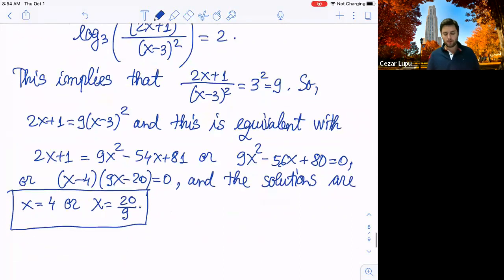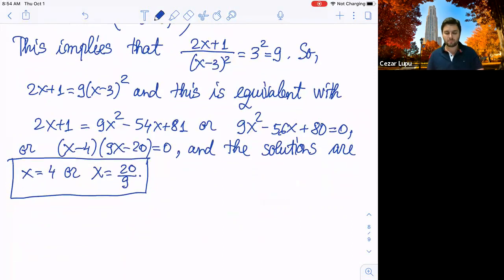And now we can check these two answers, and you'll see that x equals 4 is a solution. And now let's see what happens when x equals 20 over 9. So we should check these two answers.